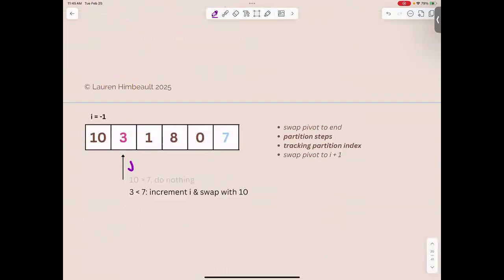This means that our J can now increase to 1 and we can compare 3 and 7. We see that 3 is less than our pivot value 7. So we do exactly what our code did: increment I, swap with J. So we're going to increment I to 0, and we're going to swap it with whatever is there.